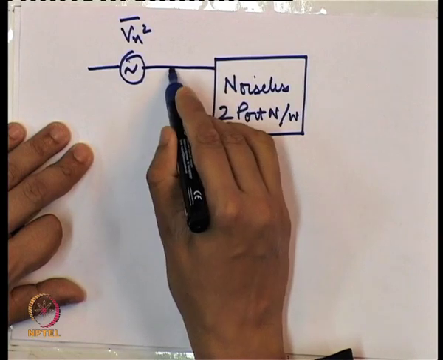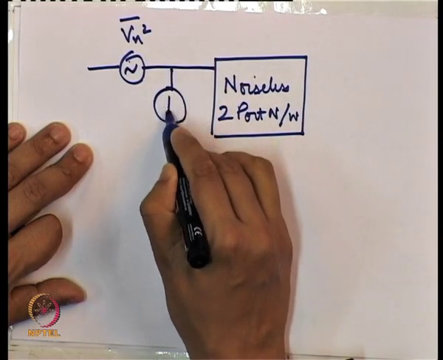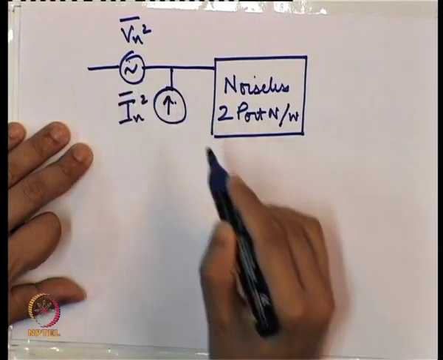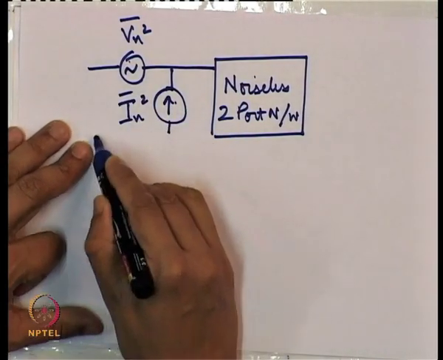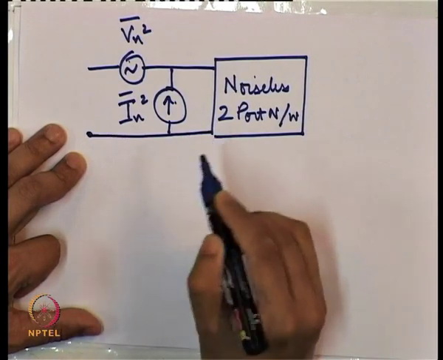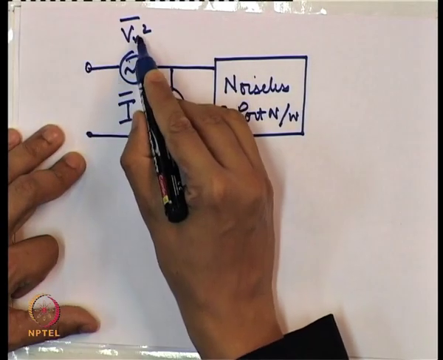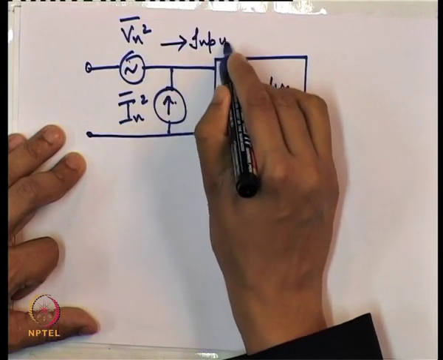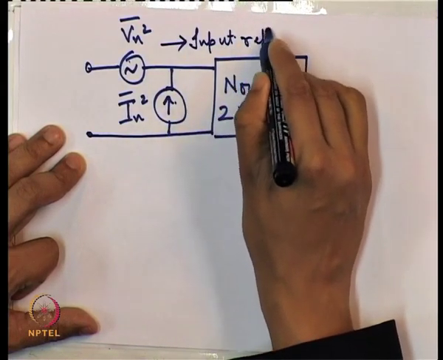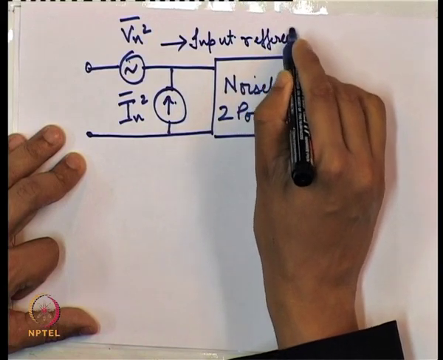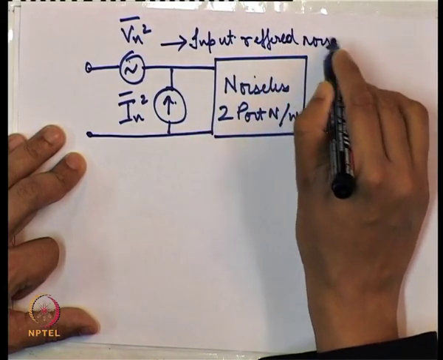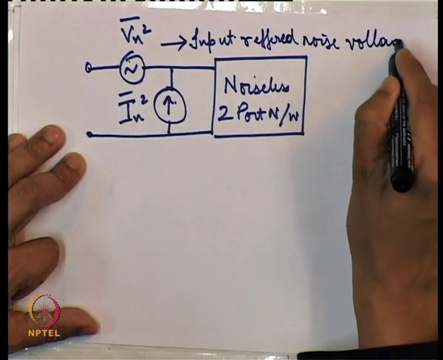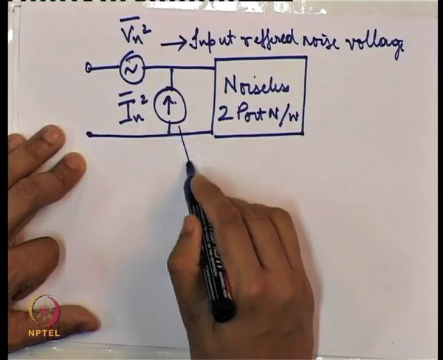What we have is two quantities which have to be extracted: the input referred noise voltage and the input referred noise current.